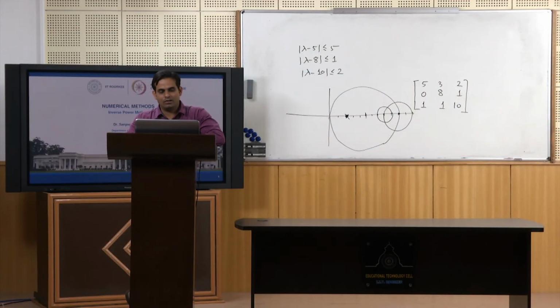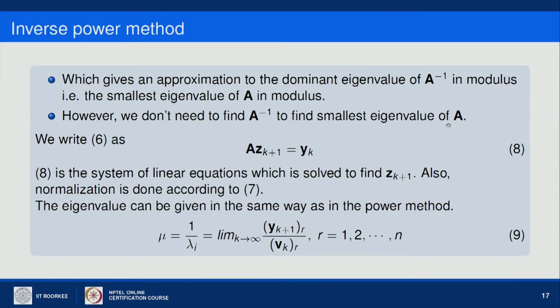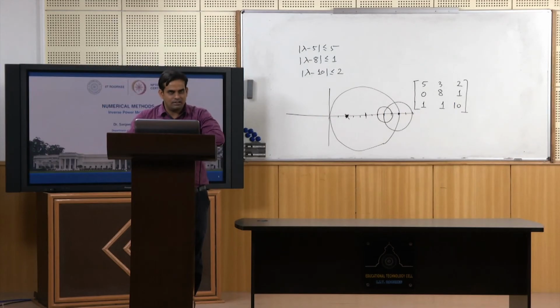However, here we do not need to find A inverse to find the smallest eigenvalue of A, because if you have a 10 by 10 matrix, finding the inverse of a 10 by 10 matrix is computationally expensive and I will not prefer that.